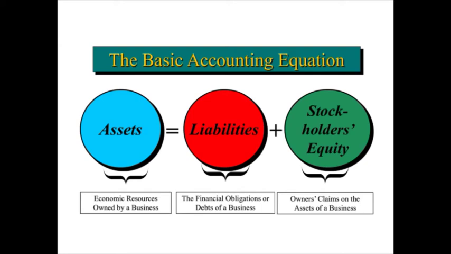Liabilities, which are the financial obligations or debts that a business carries, and the owner's claims on the assets of a business. That's the last part. Stockholders' equity is a little bit of an interesting concept, but we'll talk about that in the next slide and maybe it'll all fall together.